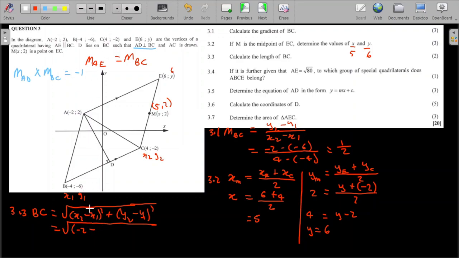I made a mistake in terms of my substitution here.